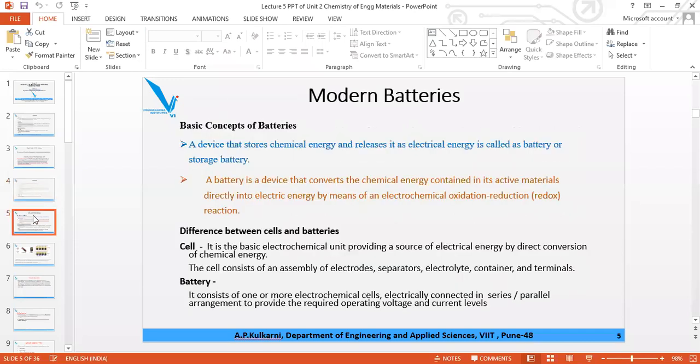Modern batteries. Okay, now we have to start with the modern batteries. Earlier, you might have seen the pencil cells, or the small cells in a camera.